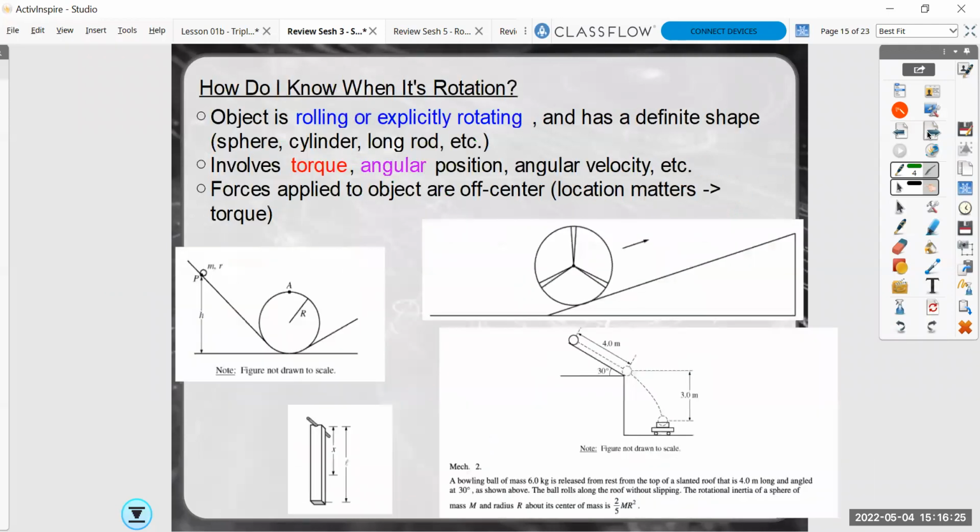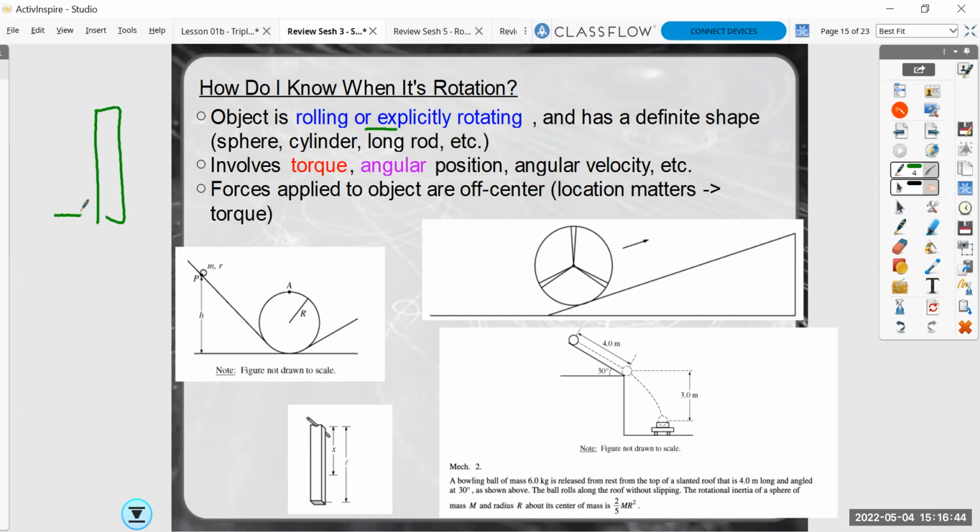How do I know when it's rotation? Well, most often it's not that bad. The object is rolling or rotating, or there's a torque or something involved. It involves a torque, angular velocity, angular position, and stuff like that. It also comes up when forces that are applied to an object are off center.